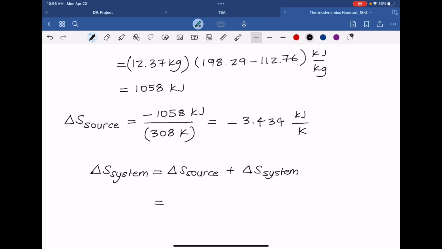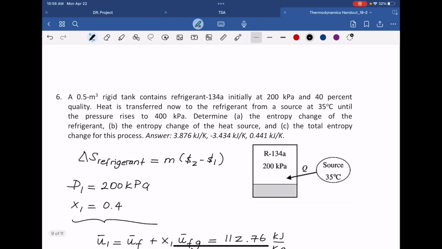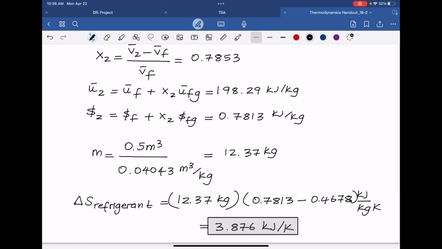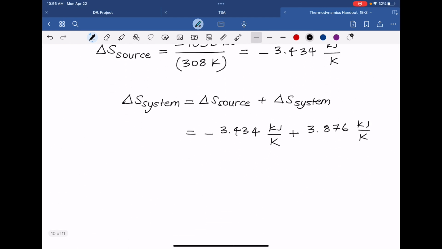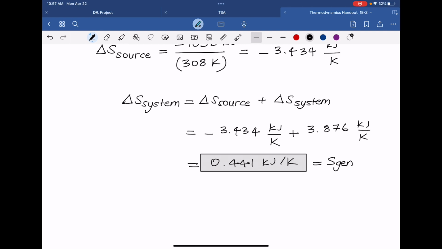The system and source was minus 3.434, and the source was, let's remember if it's correct. Okay, correct. And then next, this has to be always positive, right? The total has to be positive always, because entropy is always being generated.